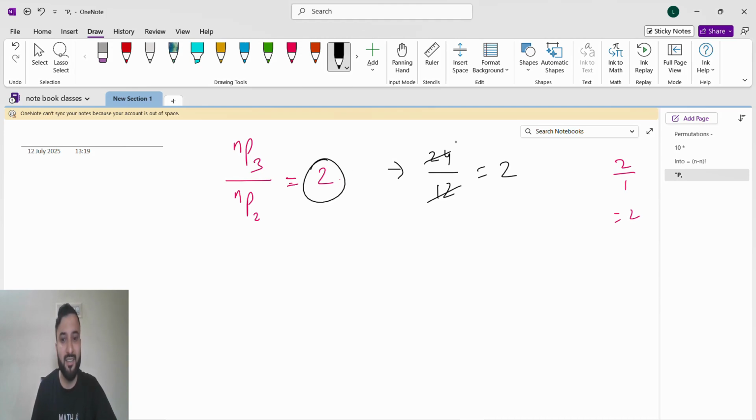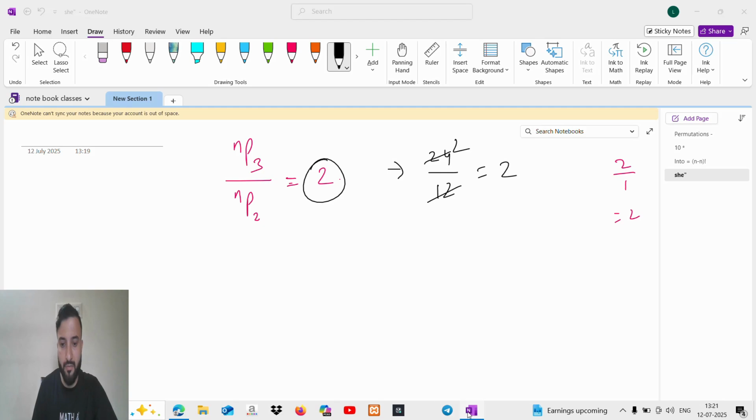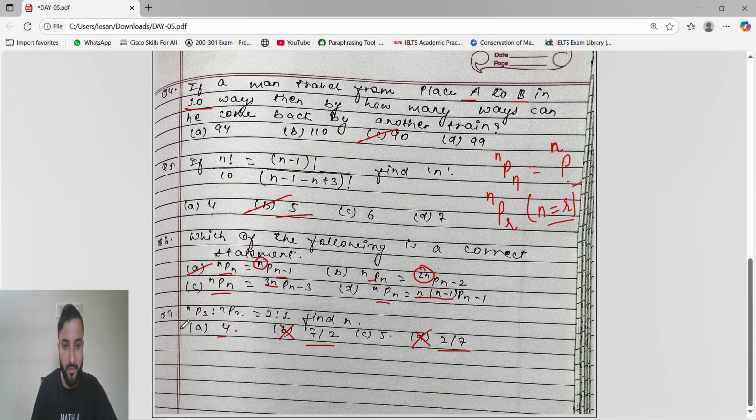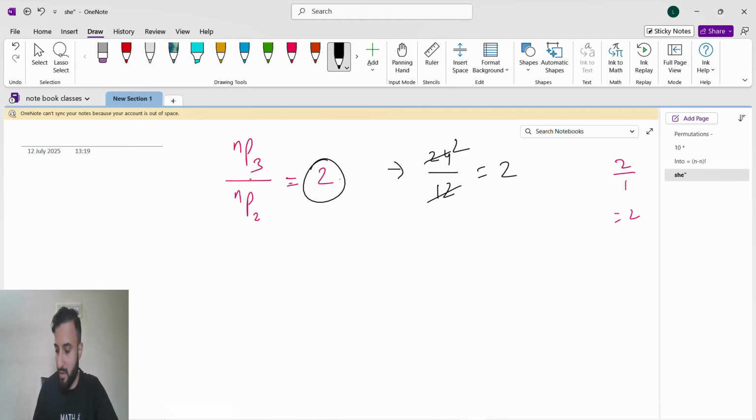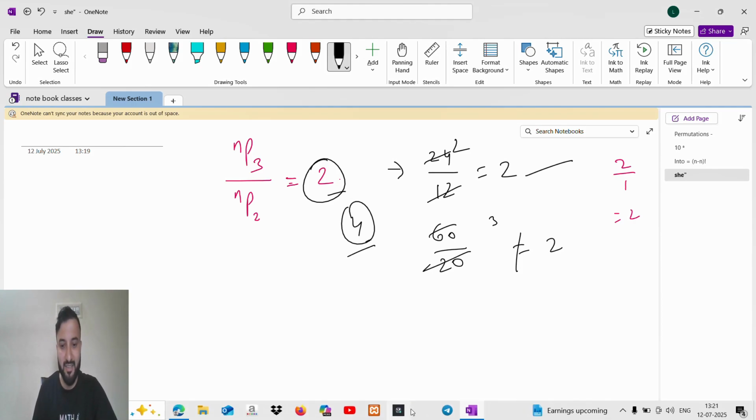Now let's see for 5. 5P3 means 5 into 4 into 3, which gives 60, divided by 5P2, which is 20. So it will be 3, but we want 2, so it is not equal. So option A, the 4, is the correct answer.